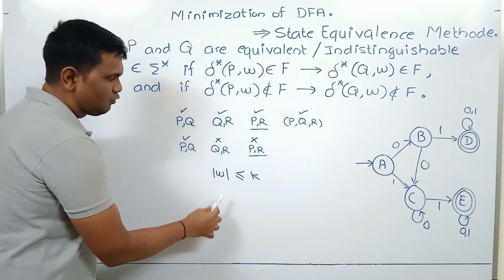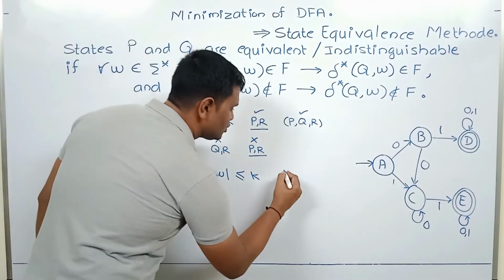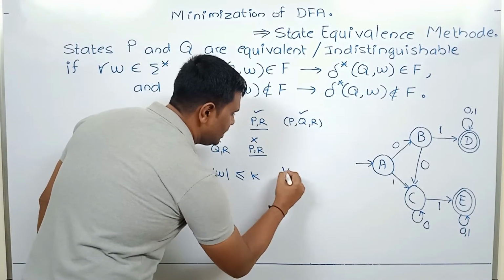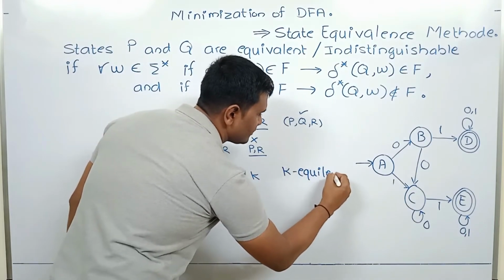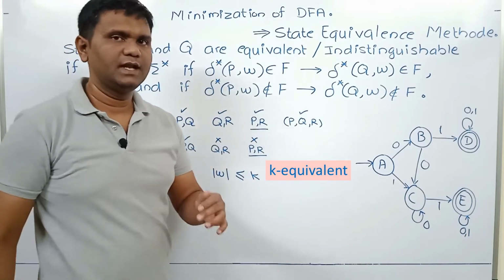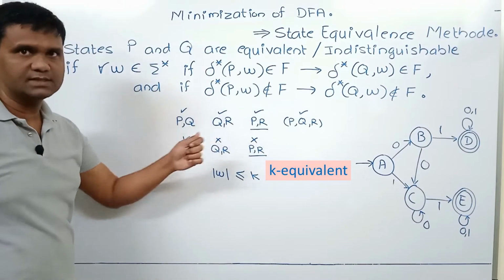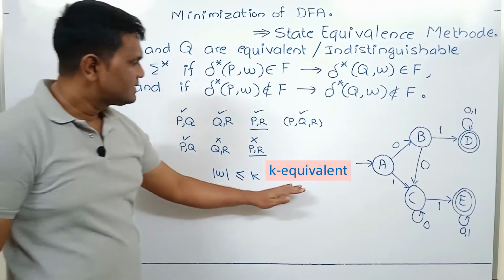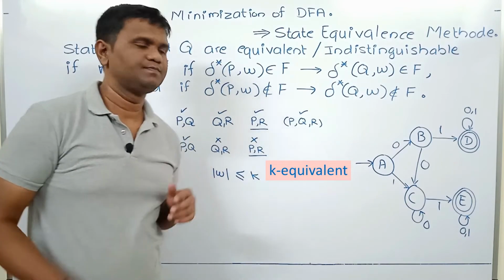If this is true for two states P and Q for length up to K, then those two states are said to be K equivalent. We don't know what happens for strings of length greater than K, but if this is true for all strings up to length K, then states P and Q are K equivalent.